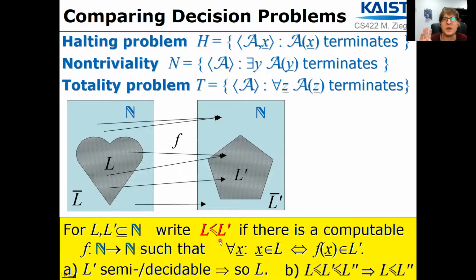And just for those of you who may already have some background in complexity theory, who may know the notion of polynomial time reduction: indeed, this historically was the precursor.